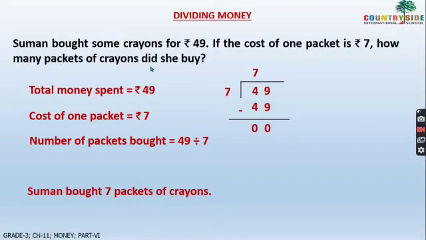Because here we have to find how many packets she bought. Total money spent is equal to rupees 49, and the cost of one packet is equal to rupees 7. So the number of packets bought is equal to 49 divided by 7.